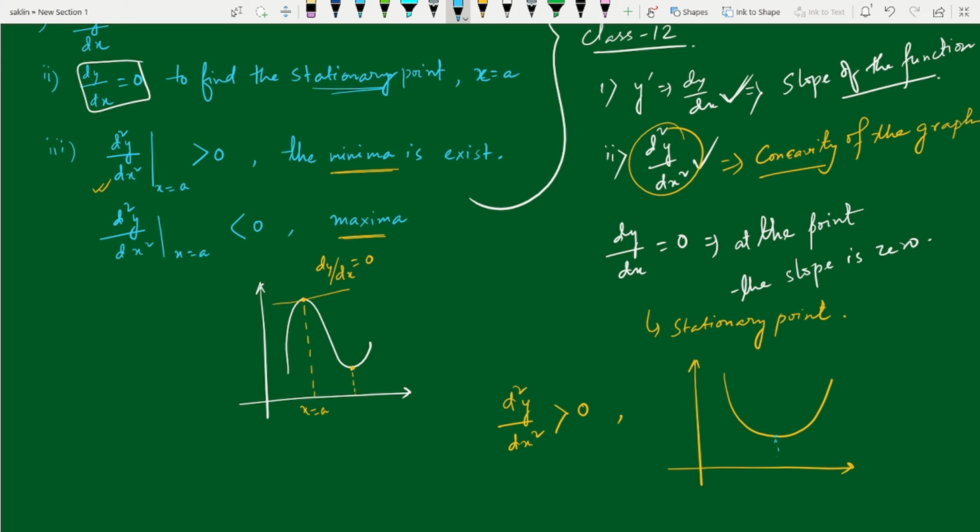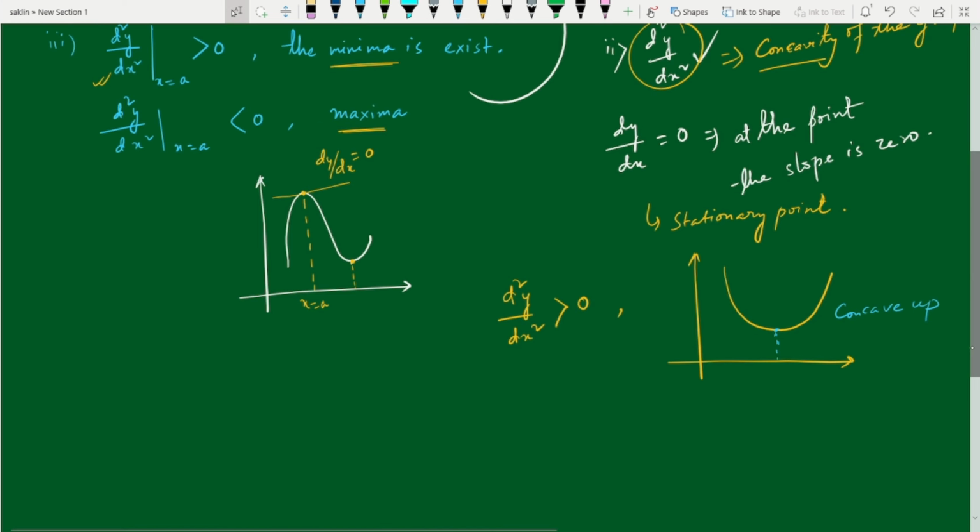That means concave up. This point is concave up.